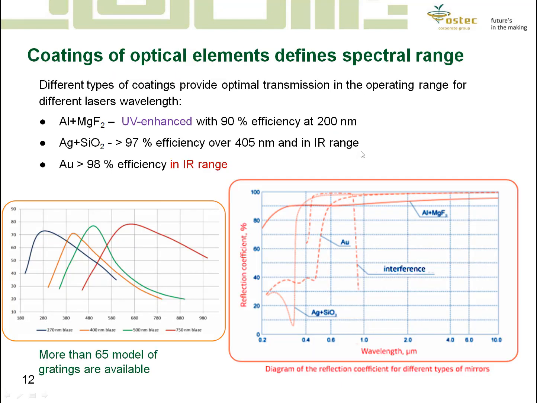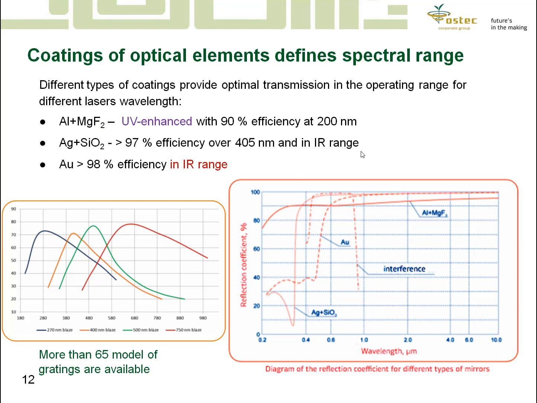And also all the gratings and mirrors should be optimized for the selected spectral range. For example, when we talk about the UV region, we should use aluminum coated mirrors which have about 80% efficiency down to 200 nanometers. When we talk about the visible range, probably the most popular solution is silver coated mirrors with a protective coating of SiO2.